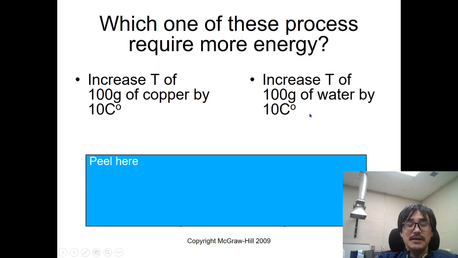That one could be difficult to answer if you don't do the cooking. But if you do the cooking, there is a reason why we use a copper pan. The copper is very easy to heat up compared to water. Water is hard to heat up. So heating up the copper is much easier than heating up the water.